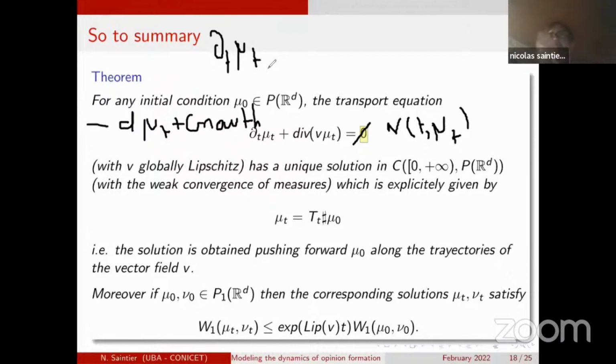Mu t is the distribution of your animals with size. You can add a growth term, which could be something like that, which could itself depend on the whole population.